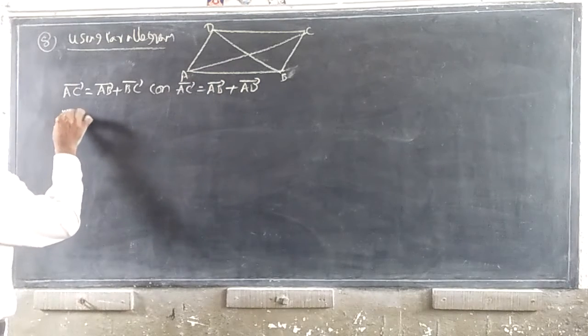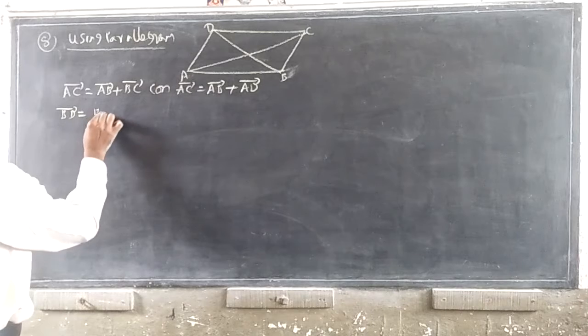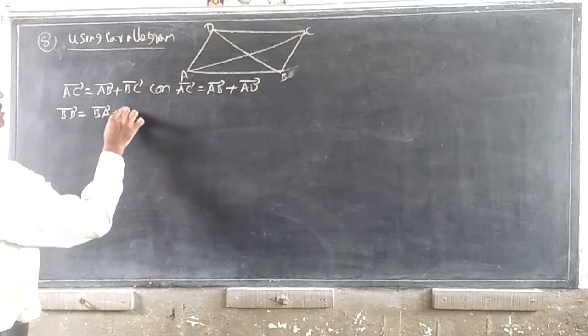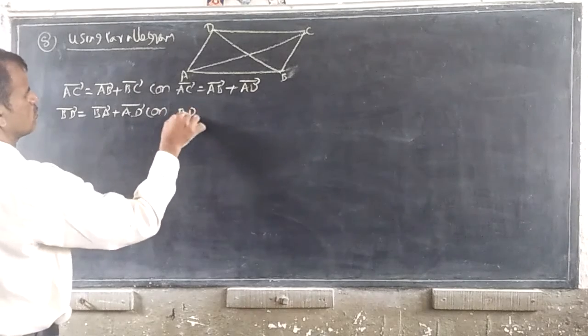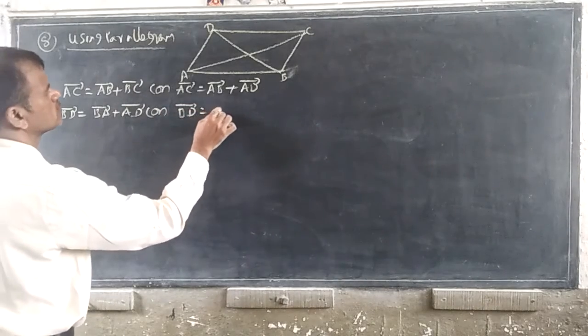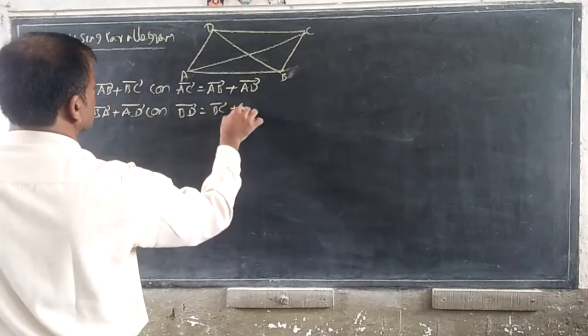Next, diagonal BD is equal to BA plus AD we can write, or BD is equal to BC plus CD also we can write.